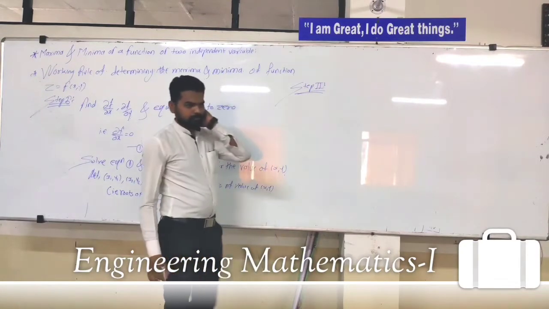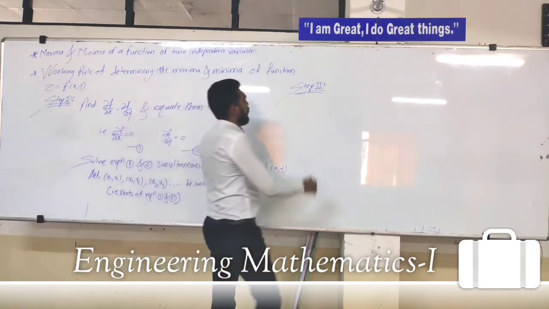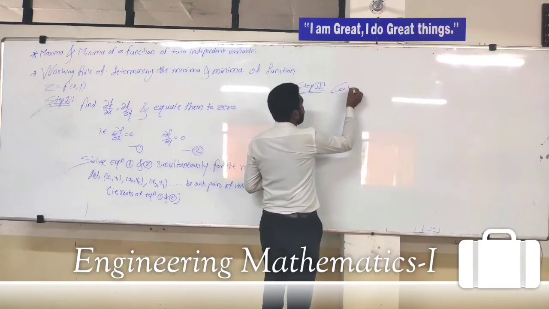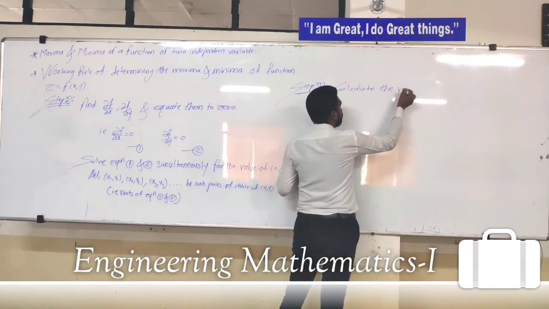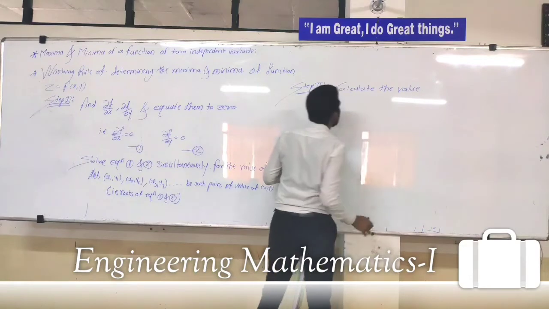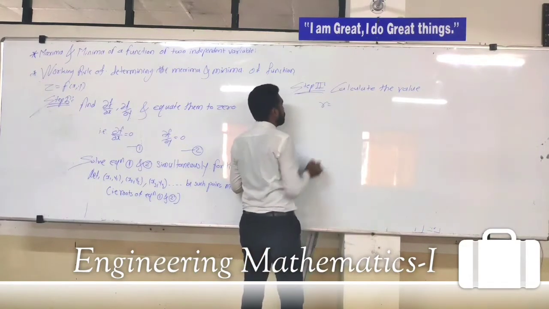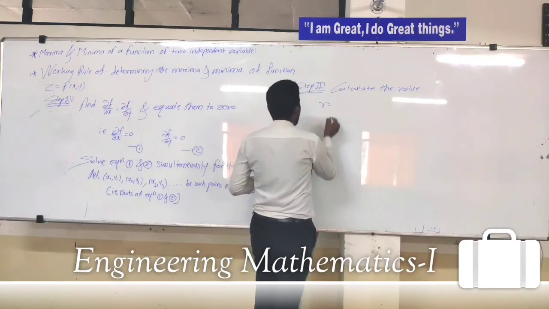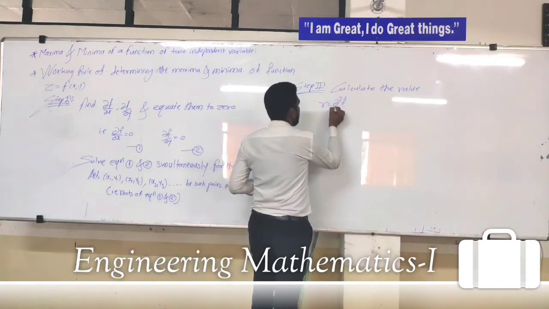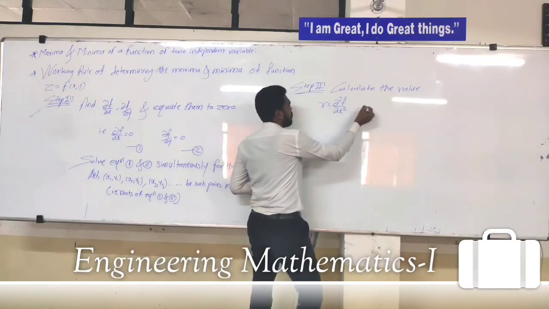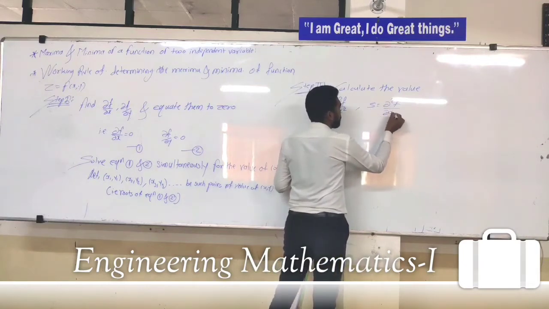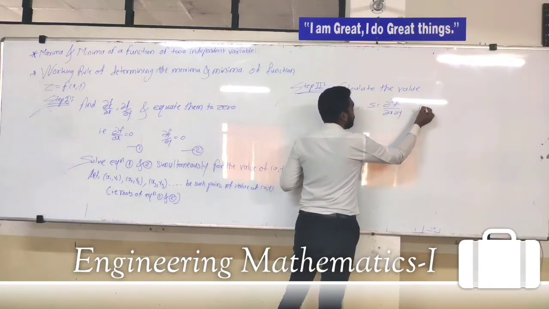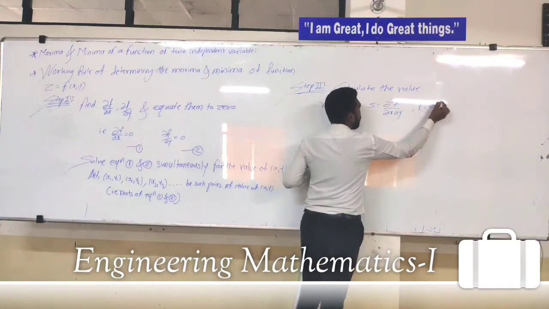Calculate the values r, which is the second derivative del square f by del x square, s, which is del square f by del x del y, and t, del square f by del y square.